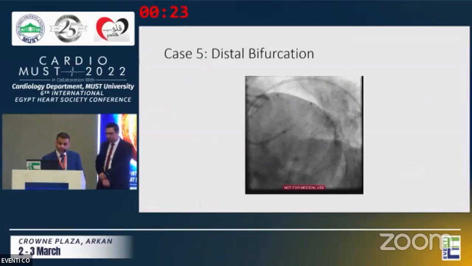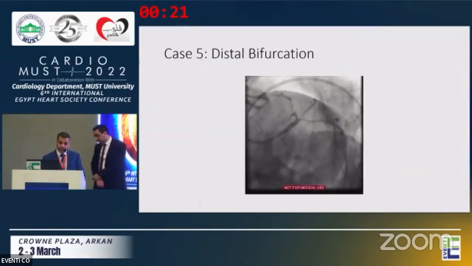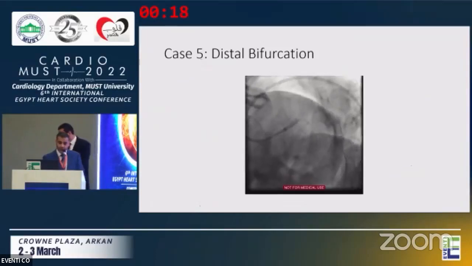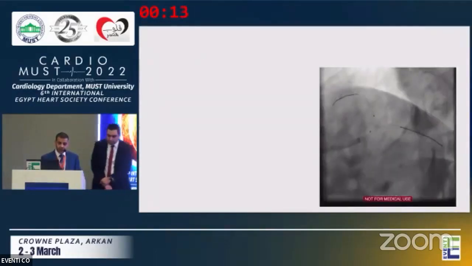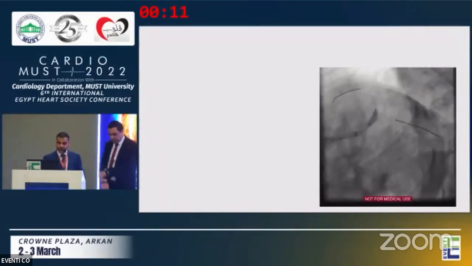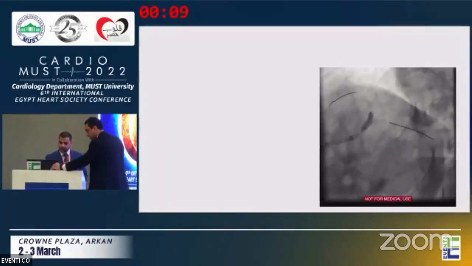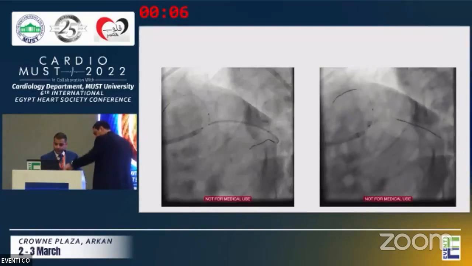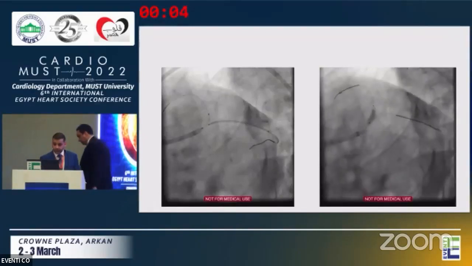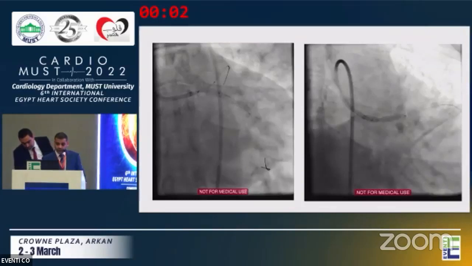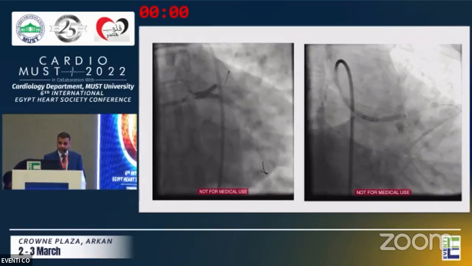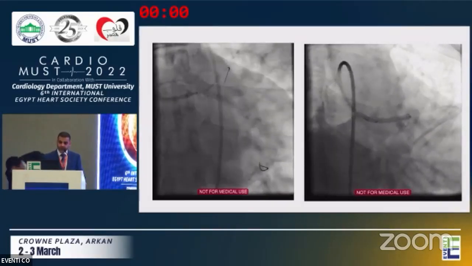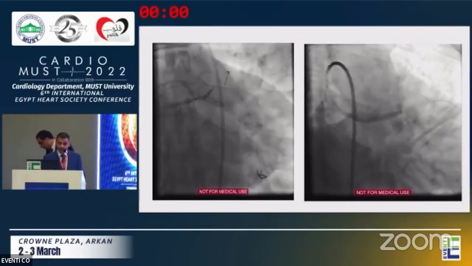This is a case of distal left main Medina 1,1,1. We go through it by a DK crush technique. As we know, we first put a stent in the side branch, then crush it with a balloon. Then kissing, rewiring and kissing, and then the stent in the left main.